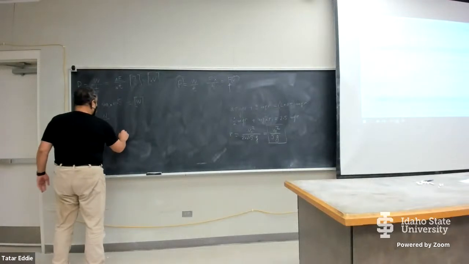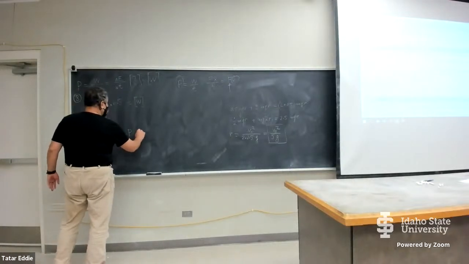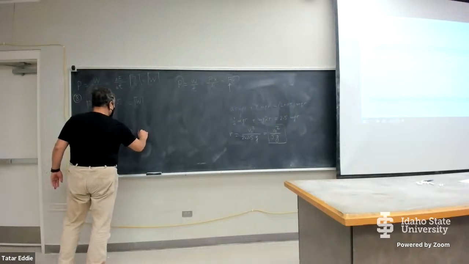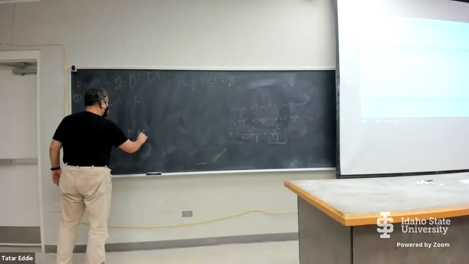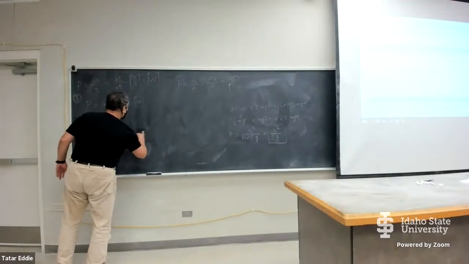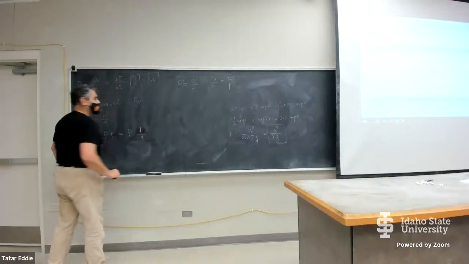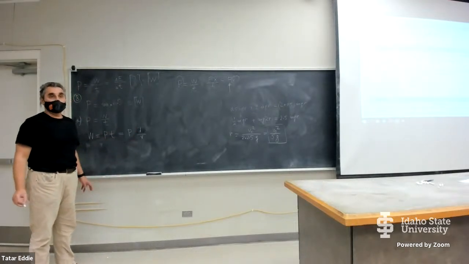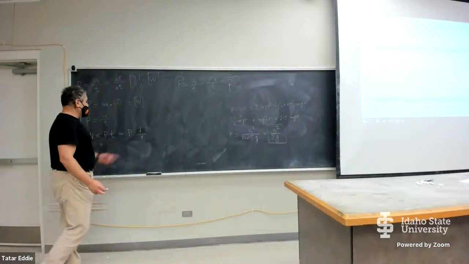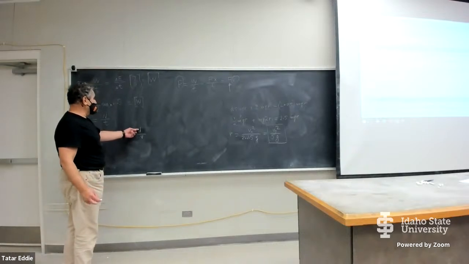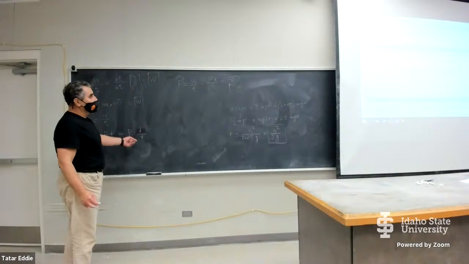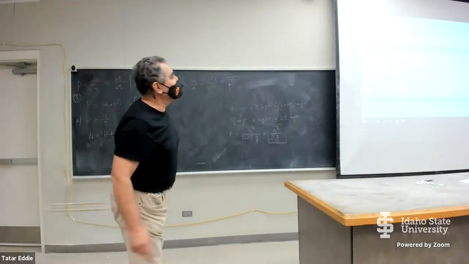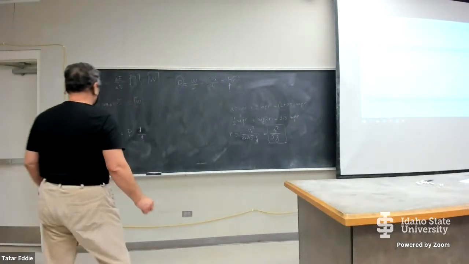And the time that he is moving is going to be the distance, call it d, divided by his speed. Distance divided by speed is time. Just make sure that you convert the distance into meters, because the speed is in meters per second.